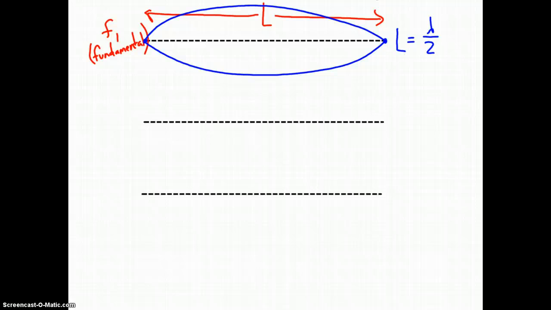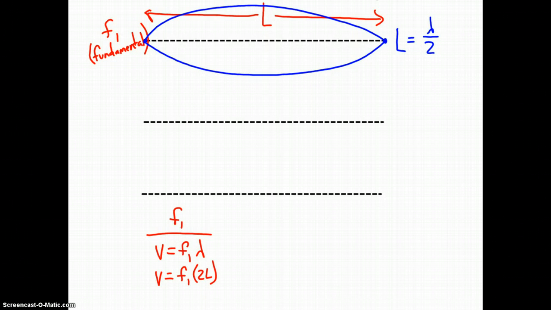So for F1, the fundamental frequency, V equals F1 lambda. Well, if we solve lambda in terms of L, lambda would equal 2 times L. So V, the speed in the string, equals F1, the fundamental frequency, times 2L.